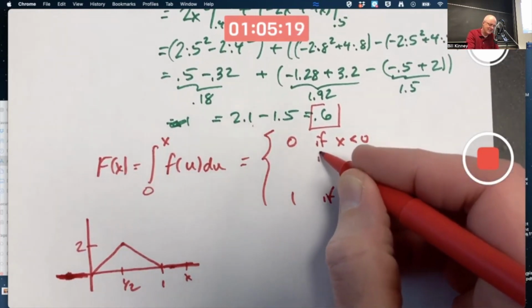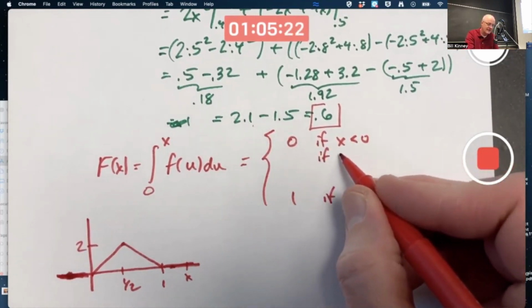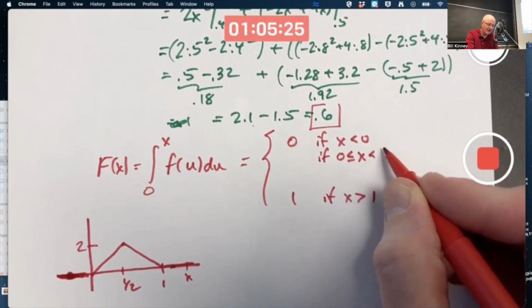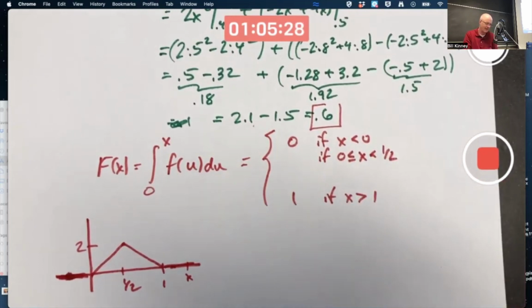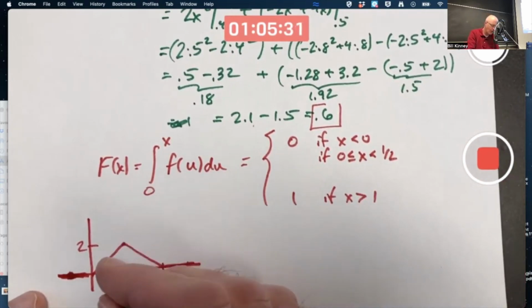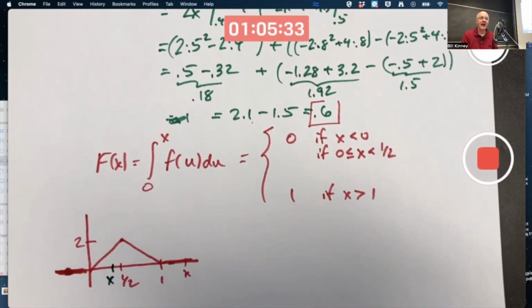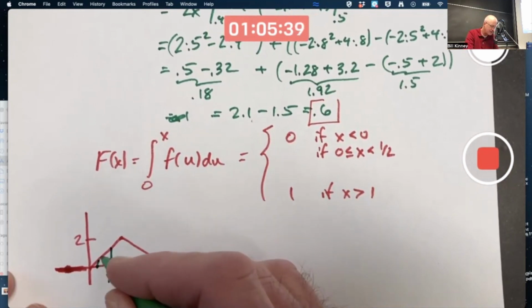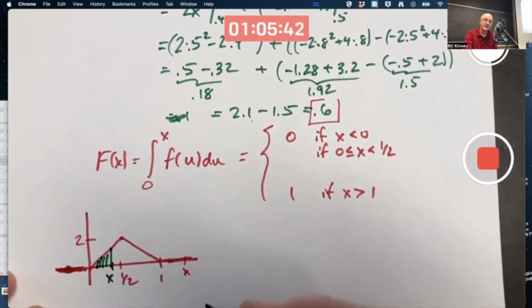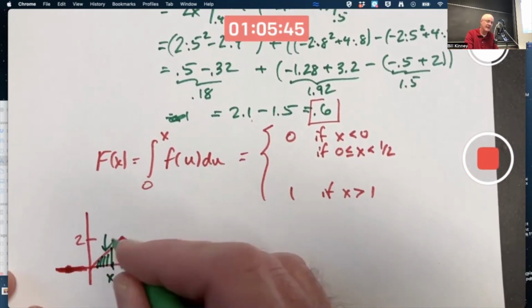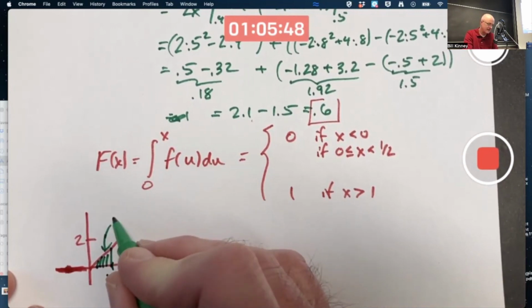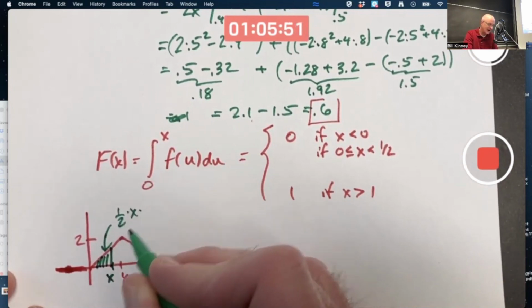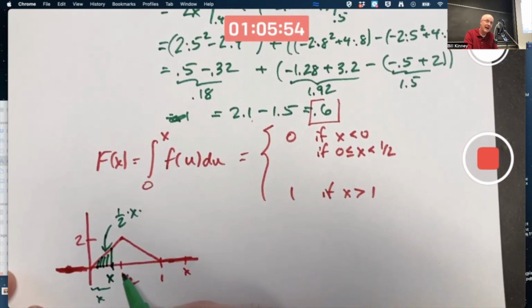The next easiest case, which is getting harder, is if x is between 0 and 1/2. Just draw a generic x between 0 and 1/2. I'm trying to find this area, because that's how you define this function as the integral, and the integral gives you the area. Fortunately, it's the area of a triangle. Its area is 1/2 base times height. The base is x. What's the height? It's not x, even though it kind of looks like it's x.